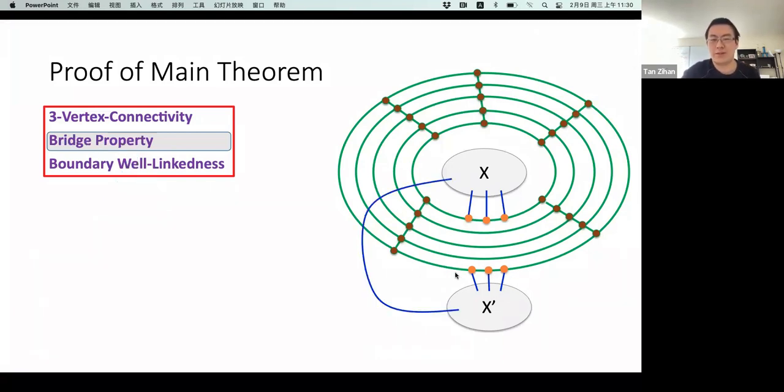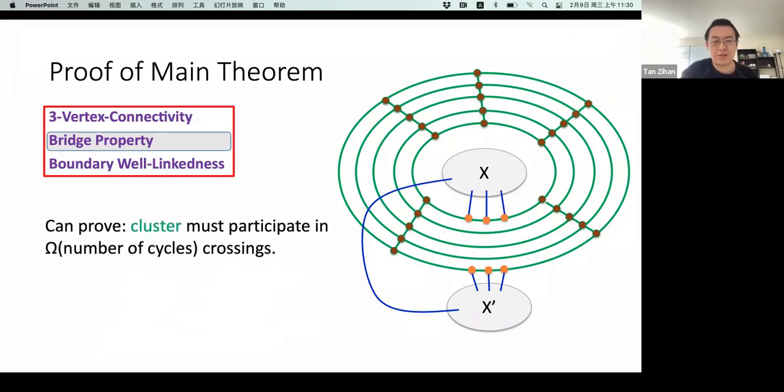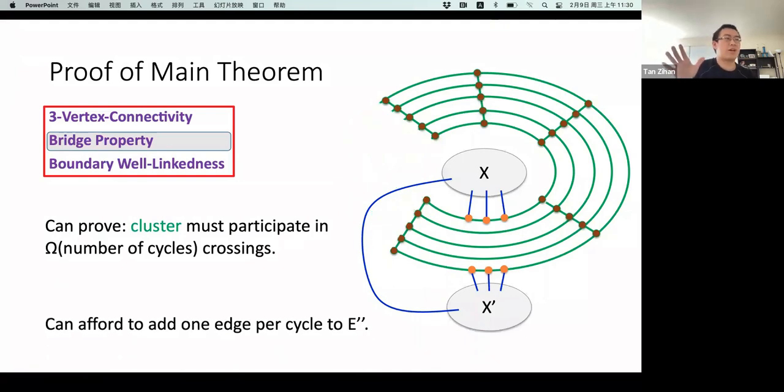But if, for example, there's another edge connecting X to X prime, making these 3 vertices also connected to these 3 vertices in the remaining graph, then in this case we still have to delete one edge from each cycle. But now we are guaranteed that we can do so. Because if there is such an edge, then what we can prove is that the number of crossings in which this green cluster participates in any drawing has to be at least the number of cycles.